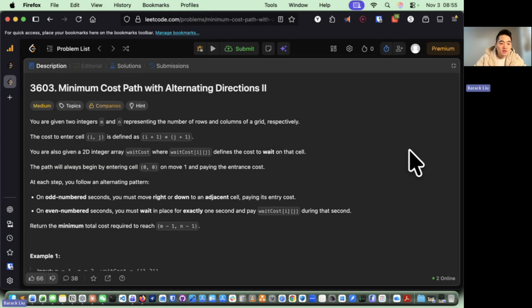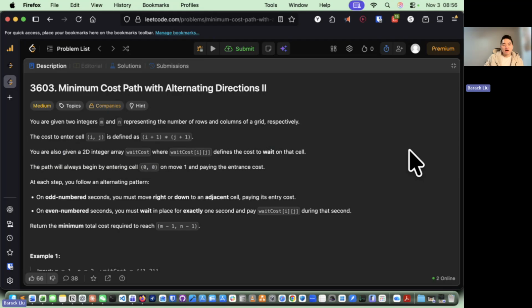So first, we look at the question we need to solve. Minimum cost path with alternating directions. You are given two integers, m and n, representing the number of rows and columns of a grid, respectively.